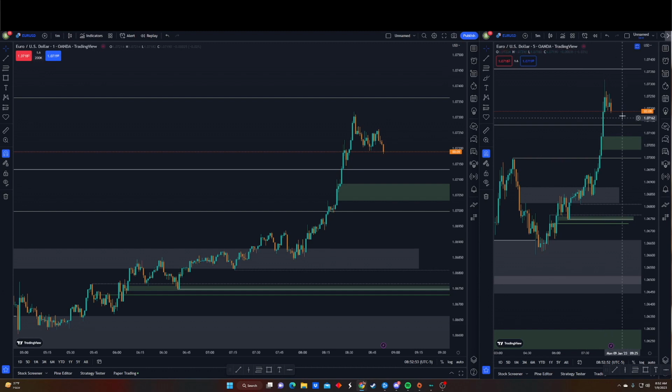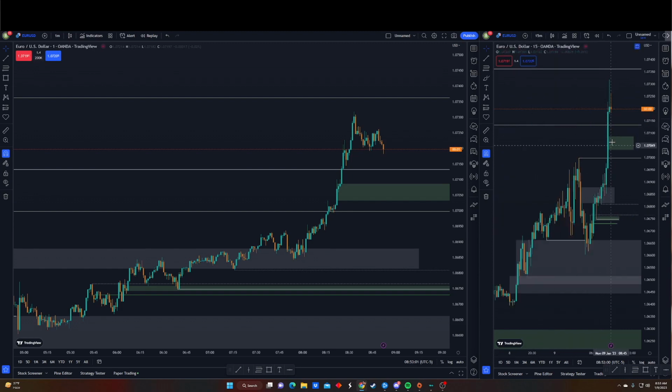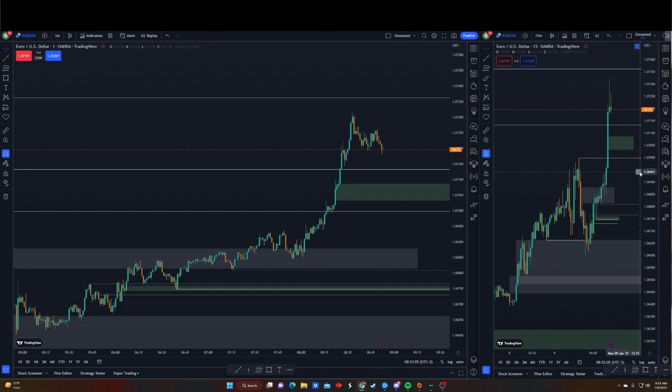So you got 1, 2, 3 gaps, in air quotes, gaps. And of course, on the 15-minute, it's one gap. But when you're trying to refine it, which gap do you want to look at? I want to look at that gap, because I want to see that low taken out.